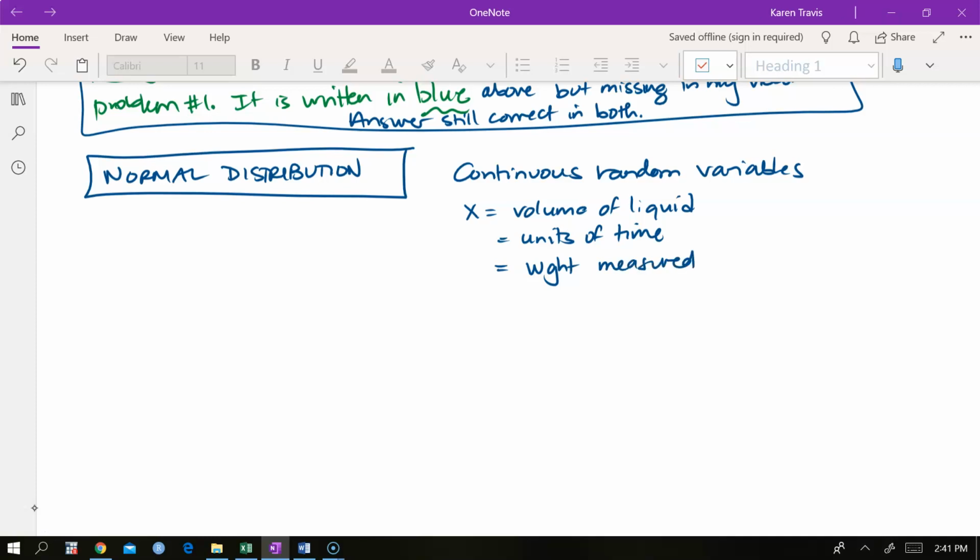So all these variables that we're going to measure for our data, but these are all the ones where, remember, it's continuous when values in between values still make sense.